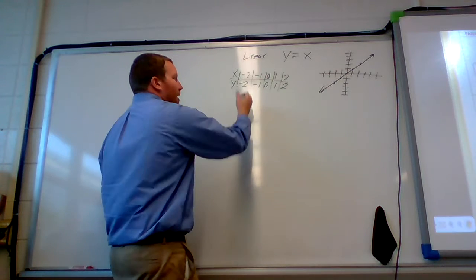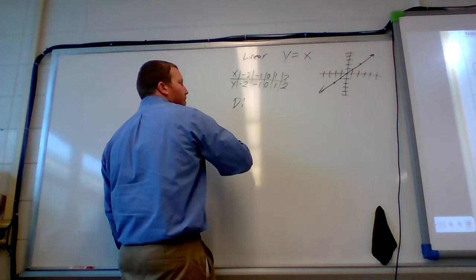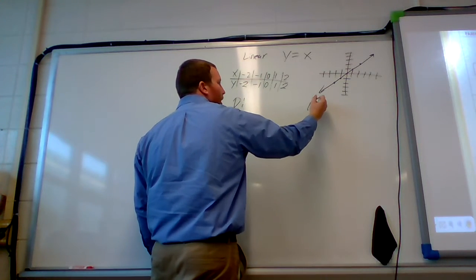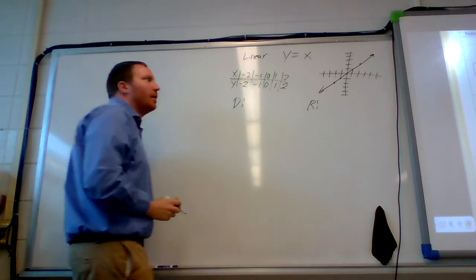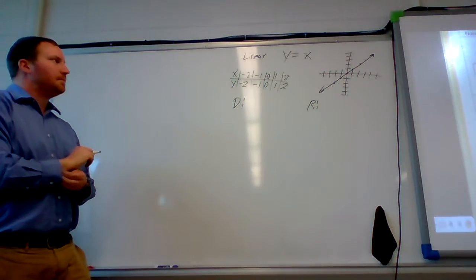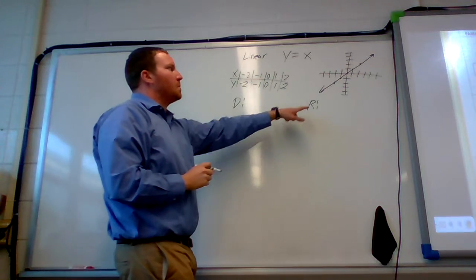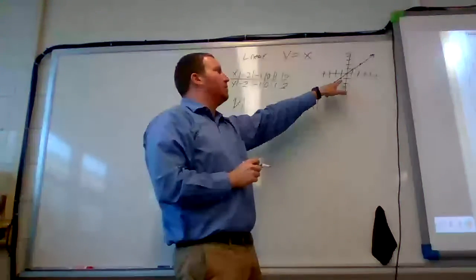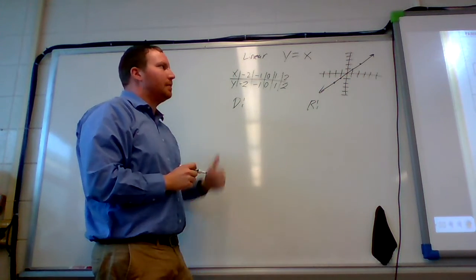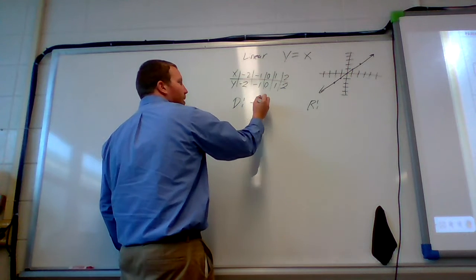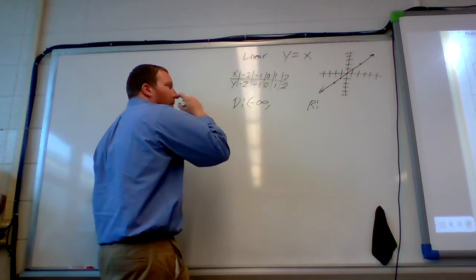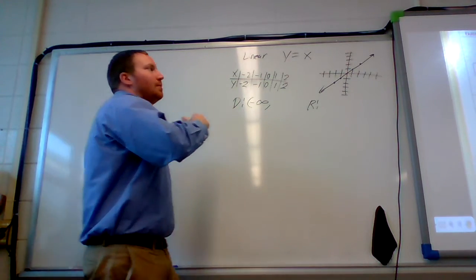So what is its domain? How far to the left, and then how far to the right do we go on our x values? If we look at it, we're never going to stop going to the left. So using our interval notation, we're going to -infinity, and then we're going to the right.